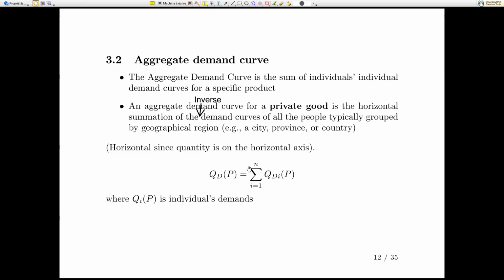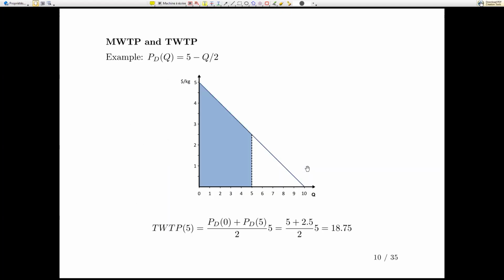Well, you aggregate everybody's individual demands. Here I have written QDI, somebody's demand. Note that this is somebody's inverse demand. If you want to know what the demand is, you flip the axes. So you have Q here and the price here, but we always represent price here and Q here.